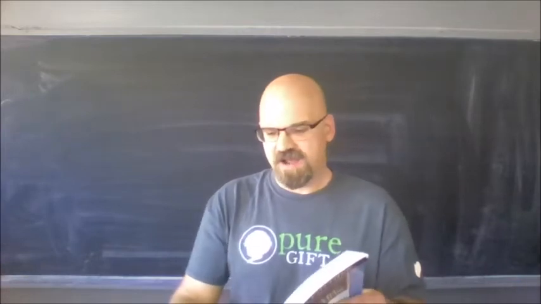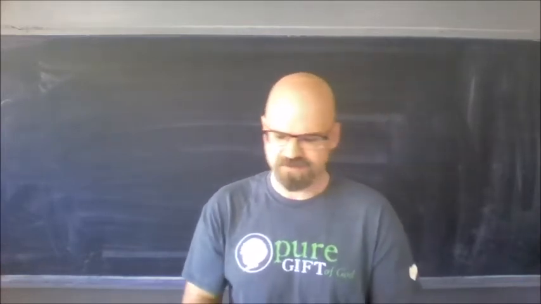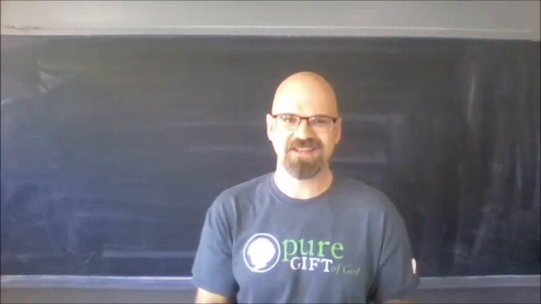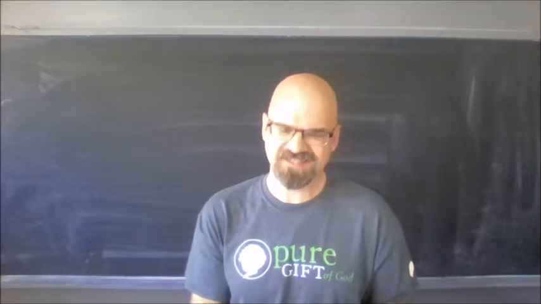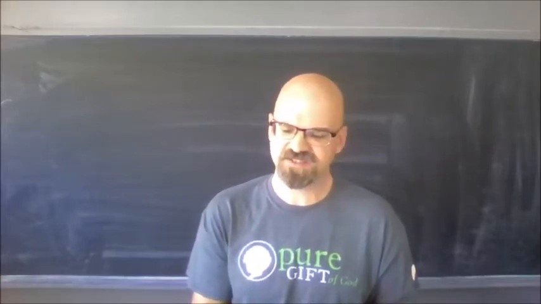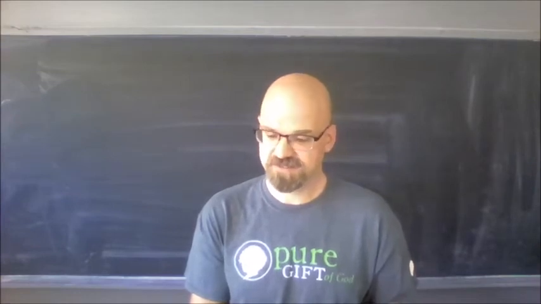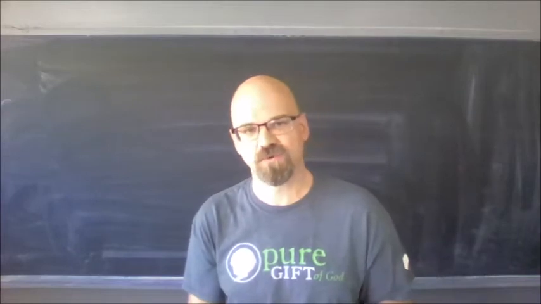Page 255. So let's do a few of these. Let me read the directions. This is called identify. At the top of page 255 it says, see if you can identify which of the 7 rules each of these definitions breaks. Be sure to explain how the definition breaks the rule or rules.